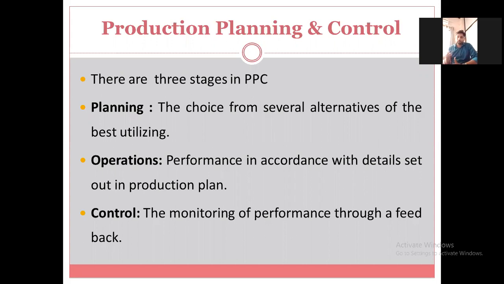The second stage, or second step, of production planning and control is nothing but operation. So in the planning phase, we have decided we will select this material, we will use this manpower, we will use this machine, we will reduce this much diameter at this stage, we will do the drilling at this stage, we will do the painting, we will do the quality checking at this particular stage.